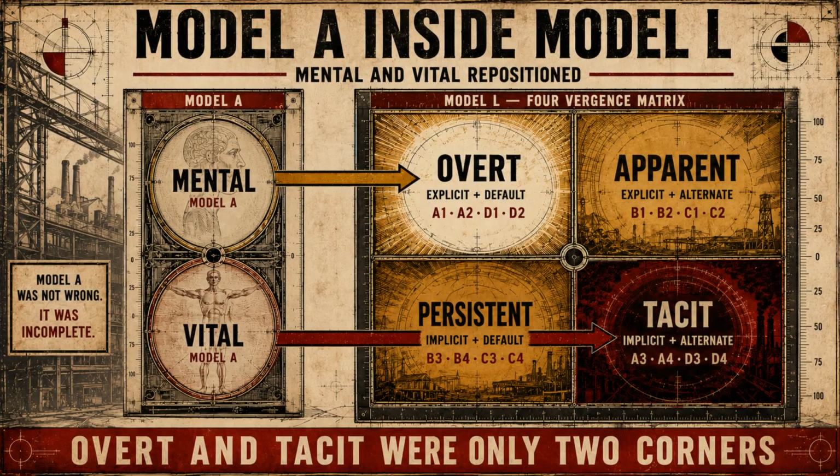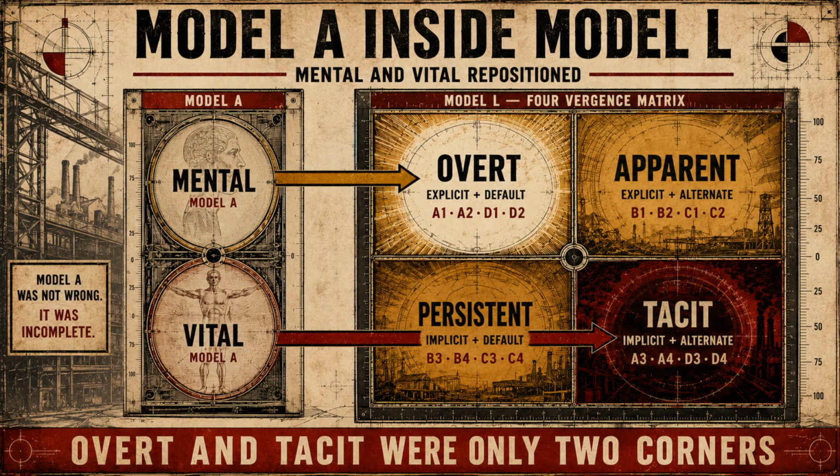Now we can return to Model A. Classical socionics gave us two great function rings, mental and vital. In Model L terms, these are not discarded, they are relocated. The mental ring corresponds to overt vergence, explicit, and engaged by default. These are the functions that stand most clearly in the field of awareness and form part of the psyche's ordinary route of engagement.